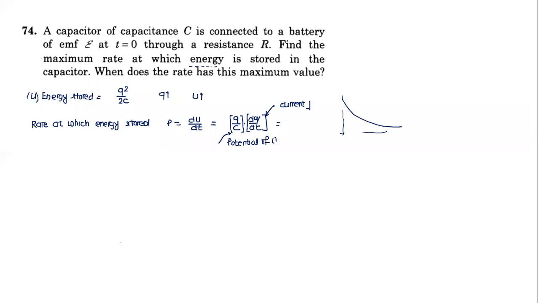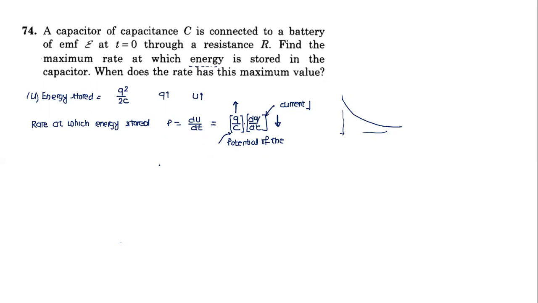So as the charge keeps going, what is happening? It's a product of two things. One of them is increasing and the other is decreasing. So it is not a continuously increasing or decreasing function. That's why it may reach a maximum value. And what is the unit? This is potential, this is current. So this is like VI, which makes sense, is power.